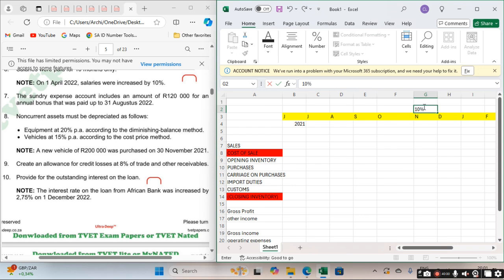Until November it was 10%. Now from December going that way, it was 12.75%. So now how do we calculate this?